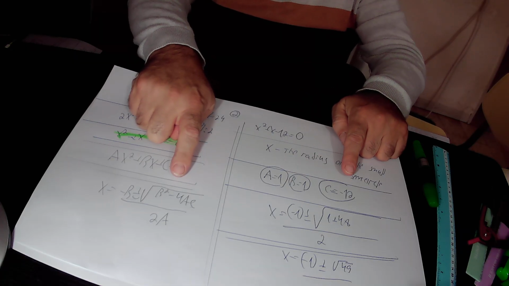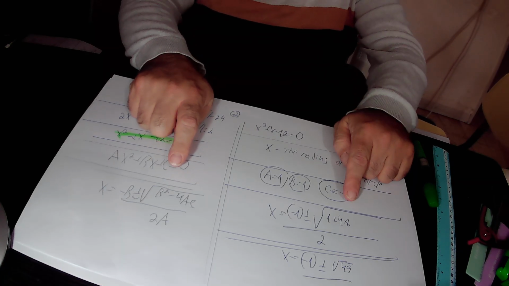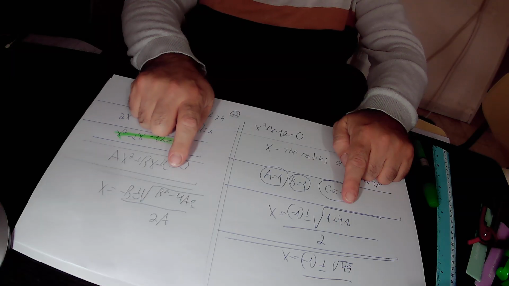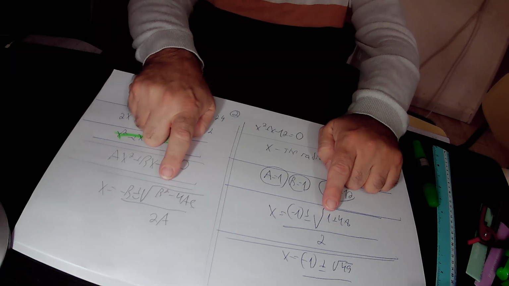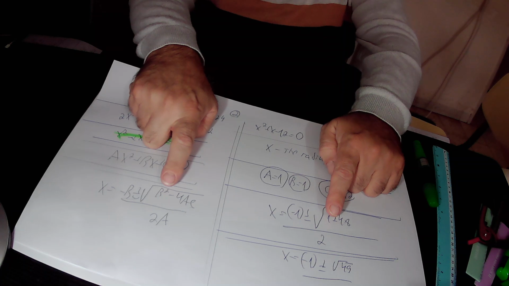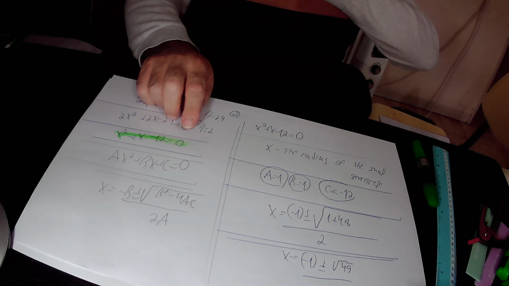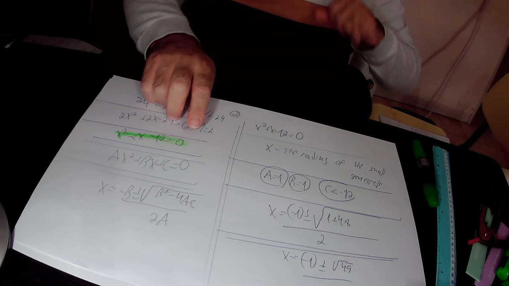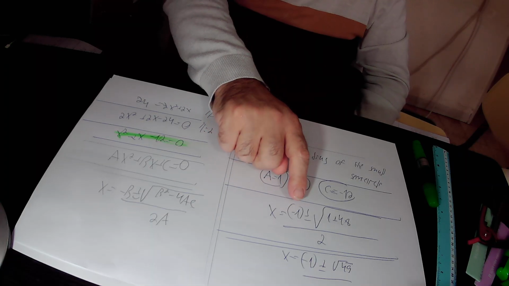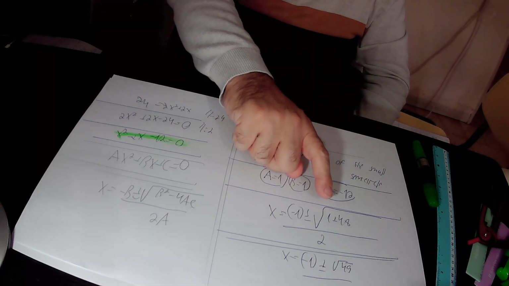C is minus 12, so minus 4 times minus 12 is plus 48. So in total inside the root we have 1 plus 48, divided by 2a. A is 1, so 2a is 2 times 1, that is 2.